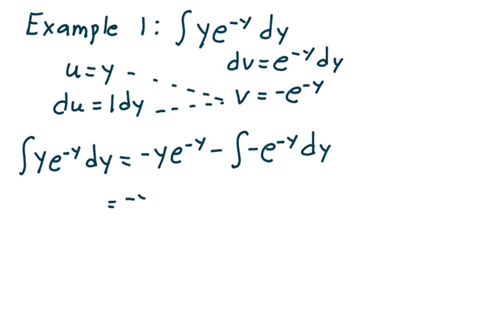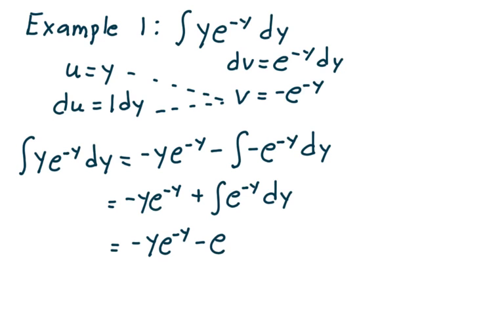Now, this is negative y e to the negative y plus the integral of e to the negative y dy. So this is negative y e to the negative y minus e to the negative y plus c.